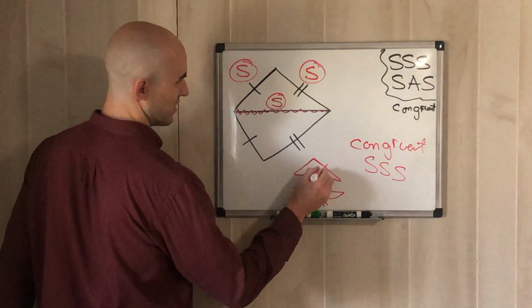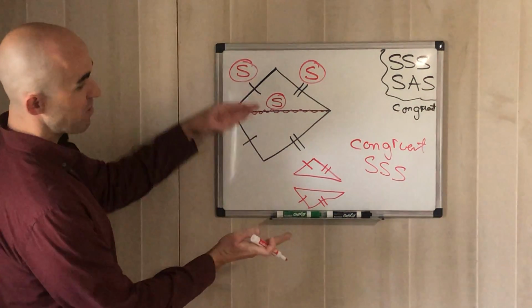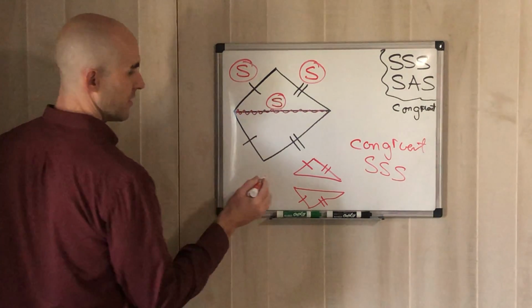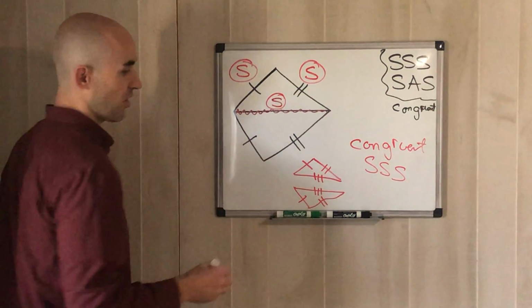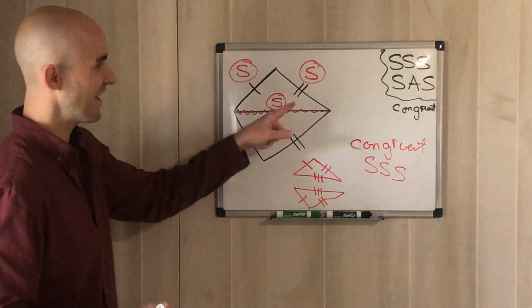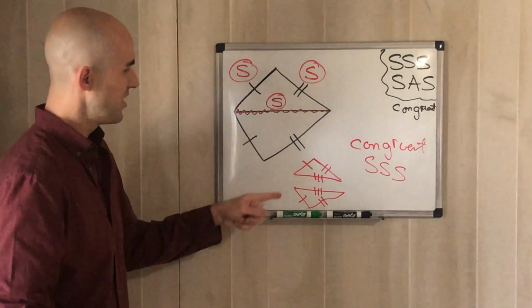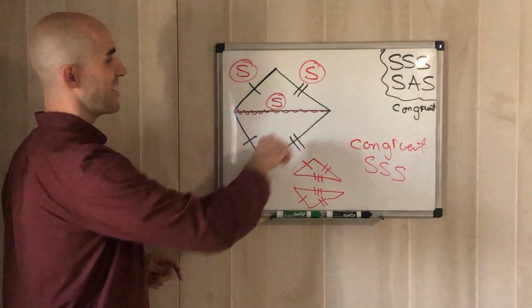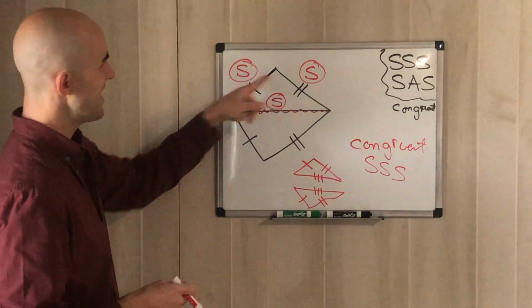That would have 2, this would have 2, that would have 1, that would have 1. And now, the fact that we brought those two together, we know that this side is the same as that one. And we know that those are the same because they're together. There's no extra, there's no less on each side. So whenever you see the sides together, it means that that side is congruent, right? So it would be SSS.